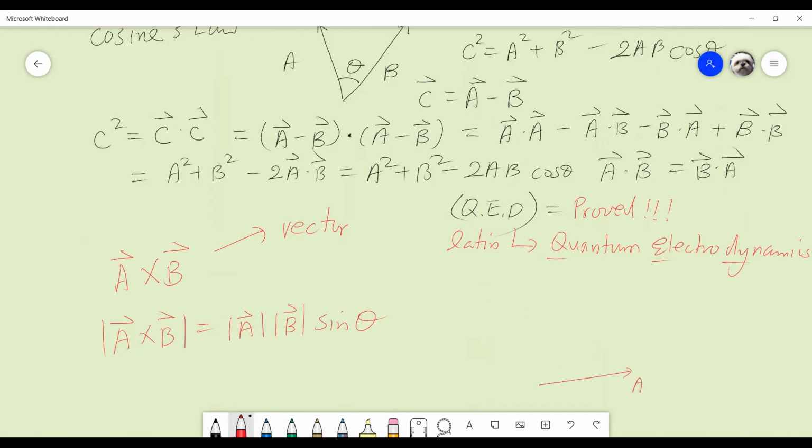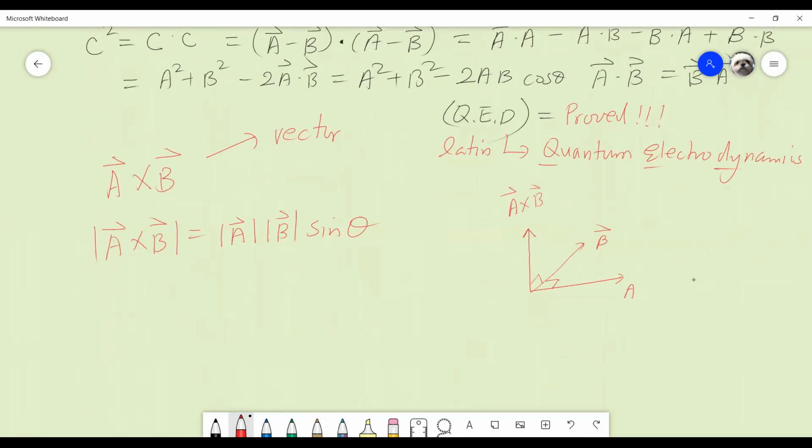Let's say A here, and then B here. Now A cross B will be perpendicular to A and perpendicular to B. So in other words, if A and B are in the XY plane, then A cross B will be in the Z direction. Do you know what I'm talking about?